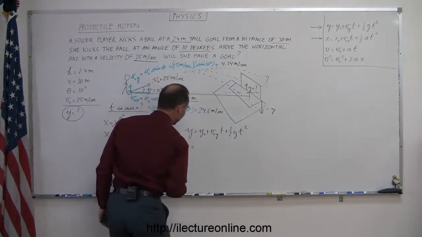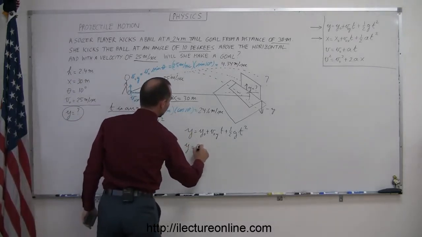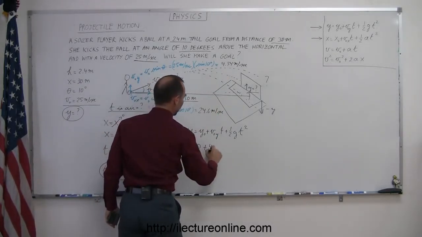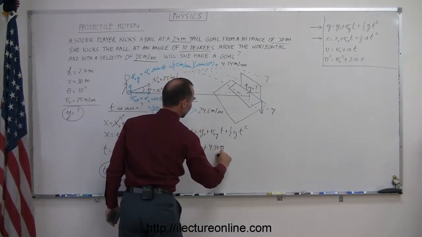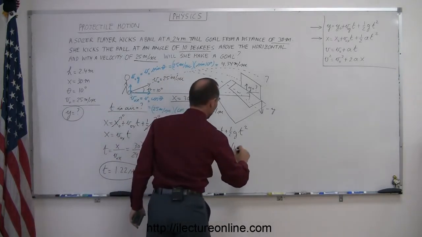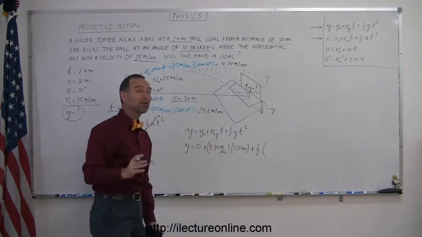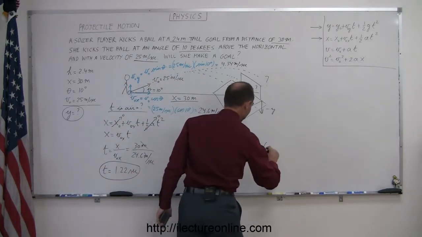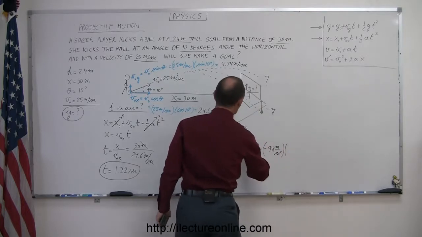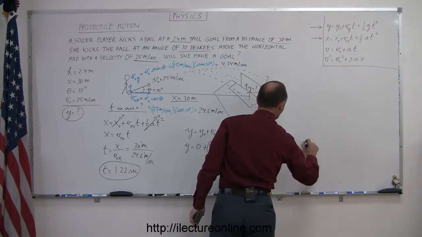Plugging in all the variables that we know: the initial height, starting from the ground, would be 0, plus the initial velocity in the y direction, which we calculated right here, 4.34 meters per second, times the time we calculated, 1.22 seconds, plus 1/2 times g. Remember, g is negative 9.8 meters per second squared, times the time squared, and the time was 1.22 seconds, quantity squared.